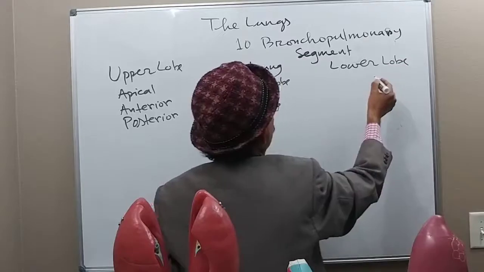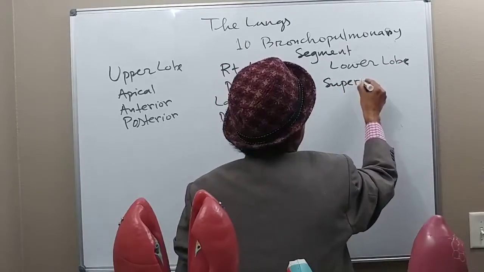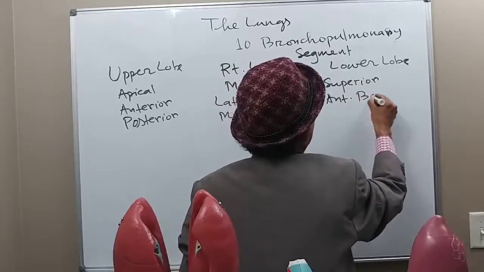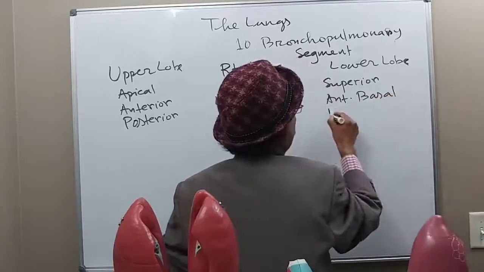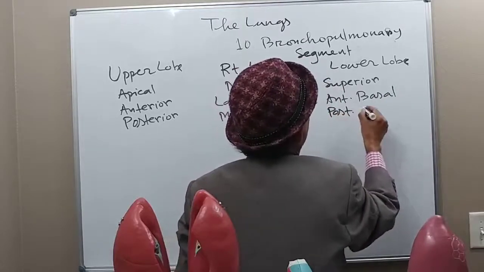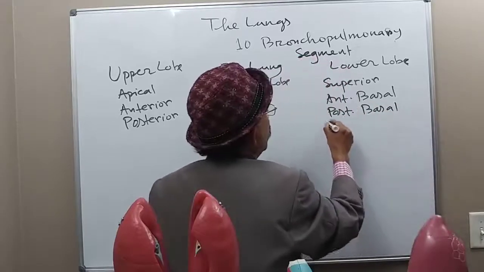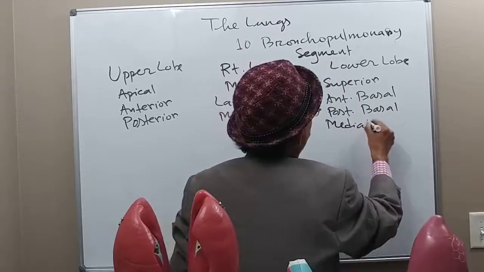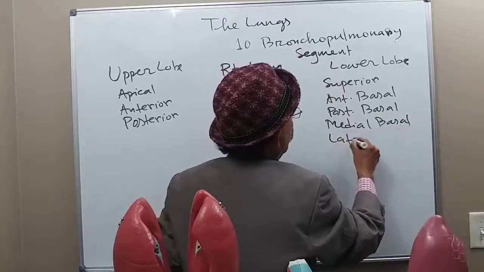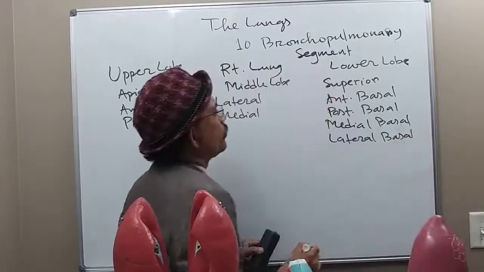Right lung lower lobe, we have the superior bronchopulmonary segment, anterior basal bronchopulmonary segment, posterior basal bronchopulmonary segment, medial basal bronchopulmonary segment, lateral basal bronchopulmonary segments.